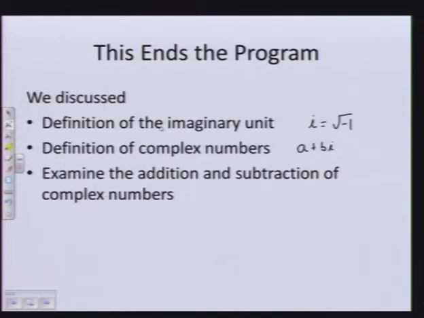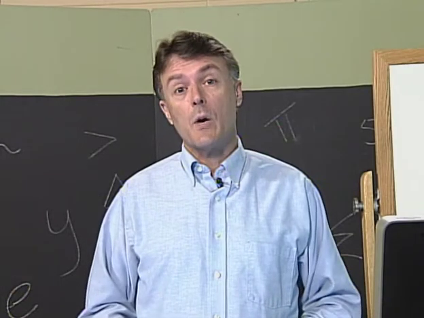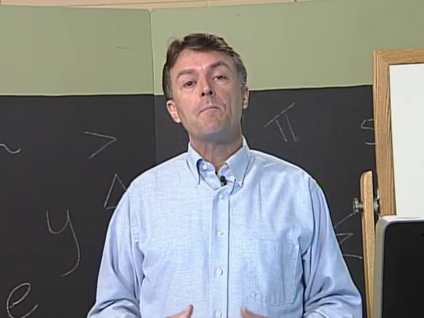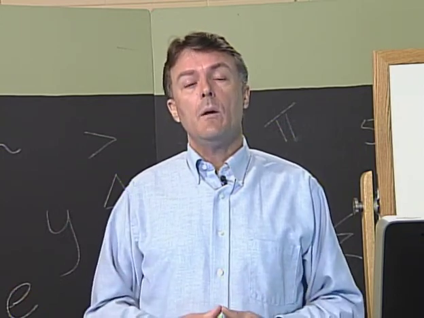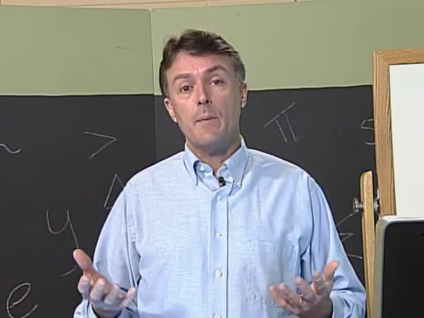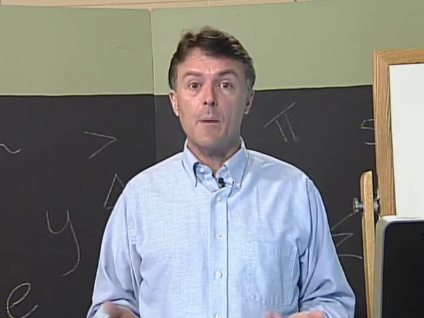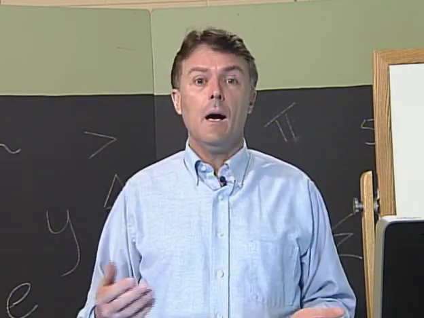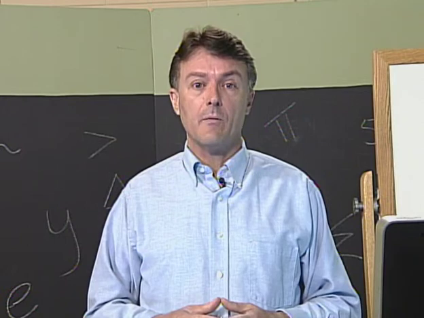Then we examined the addition and subtraction of complex numbers, and we found that they were very similar to dealing with addition and subtraction of algebraic expressions. But the big difference is that we have to keep in mind that it is truly a complex number, with the imaginary unit i being equal to the square root of negative 1.